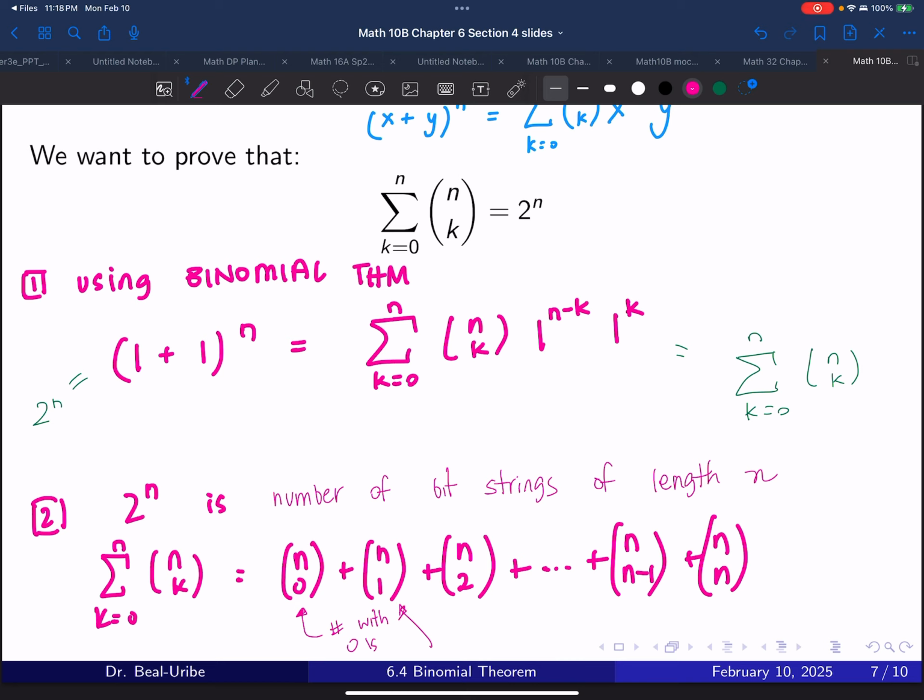This one would be the number with exactly 1 one. This would be the number with 2 ones, and so forth. This would be the number with n minus 1 ones. And then this would be the number with n ones.